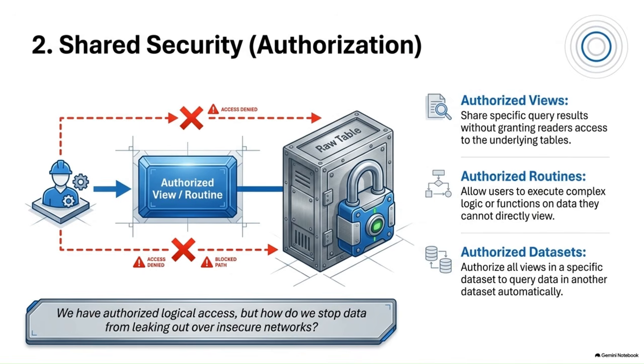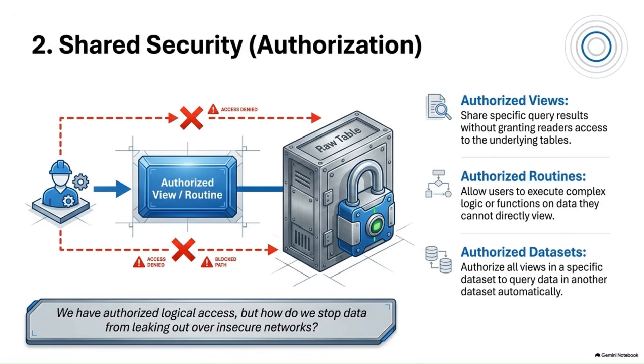Now authorization is via authorized views, authorized routines, and authorized datasets. So what is an authorized view? An authorized view lets you share specific query results. Views, as data engineers we all know, are nothing but queries which give the output.